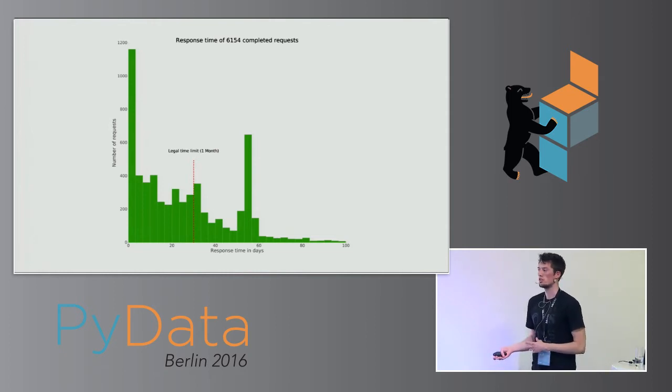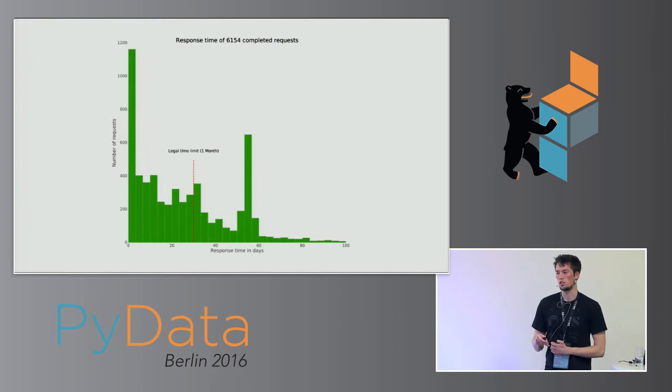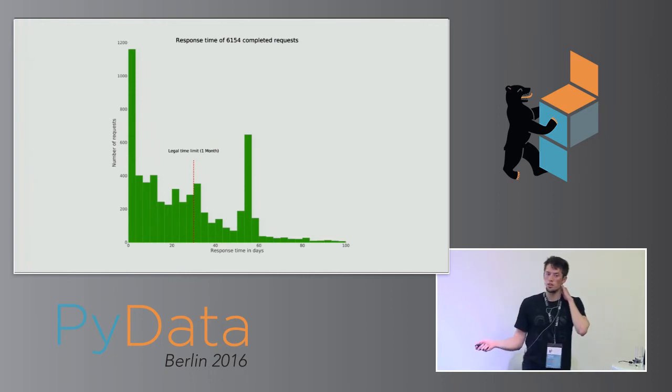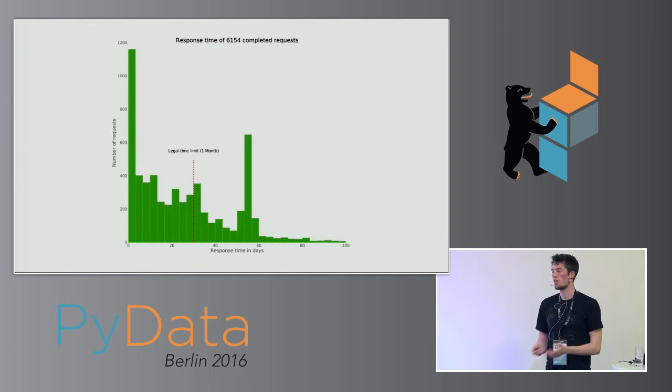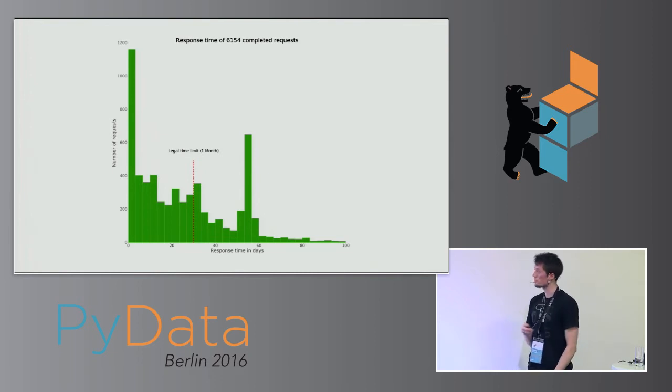What is the reason that the message was resolved? Because these are completed requests, and the user decides when the request is completed. So it's rather difficult to be sure that the request is really completed.